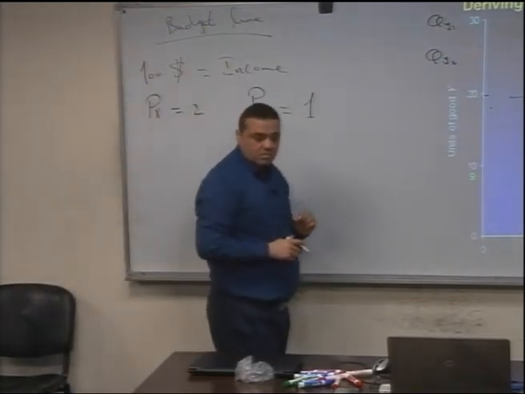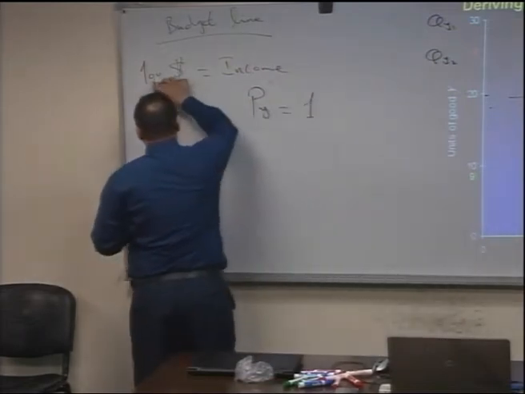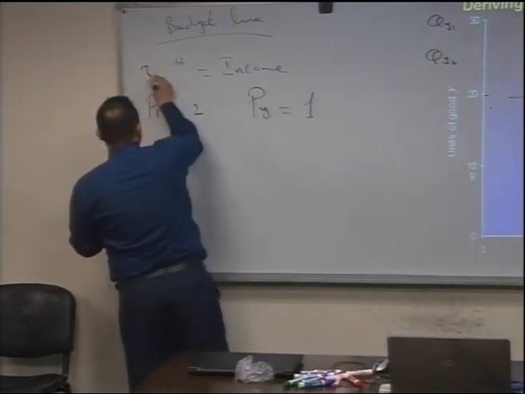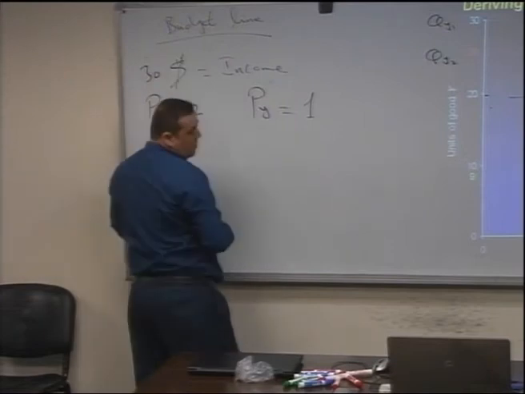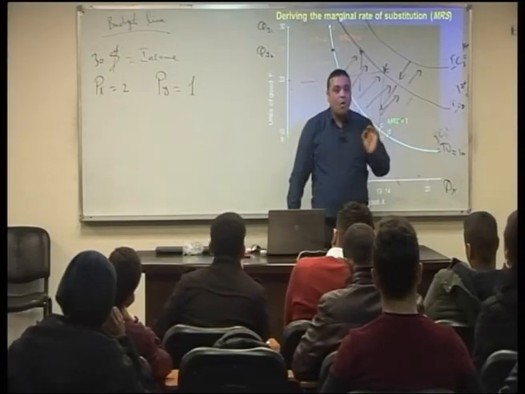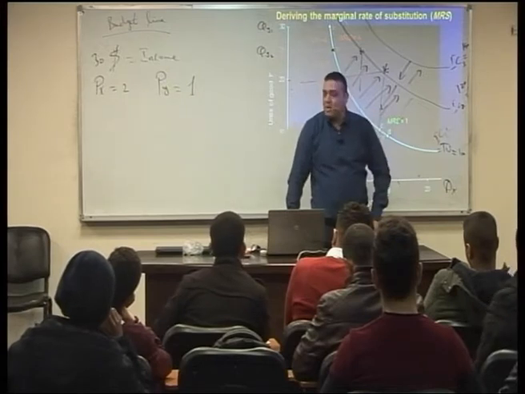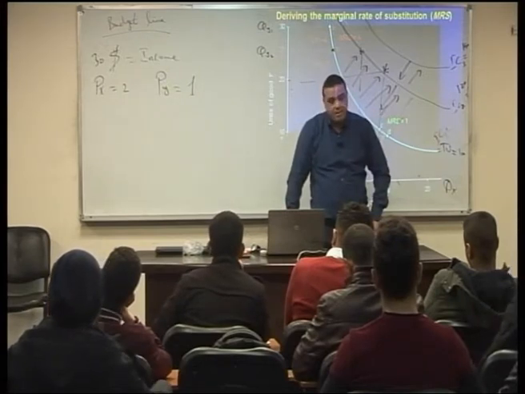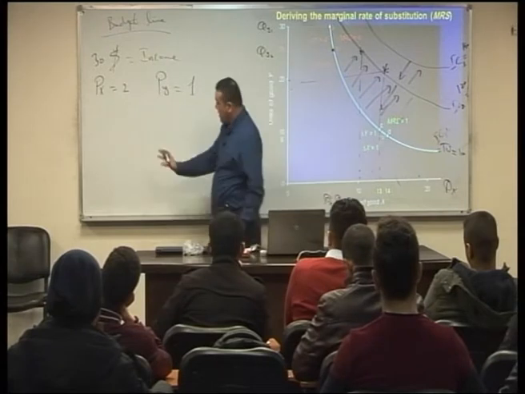If he decided, let's assume it's $30, and this consumer decided to buy only X, how many units of X can he buy? 15, yes.